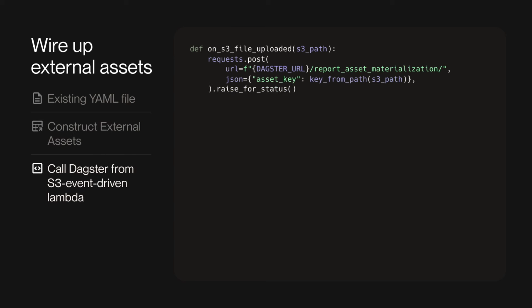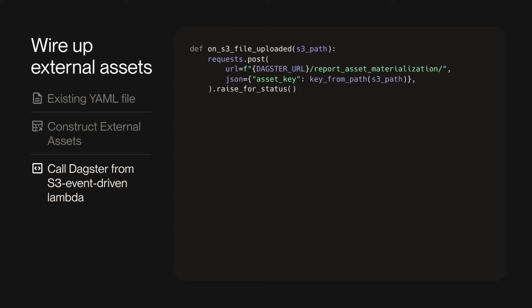Now you want to be able to make that asset graph come alive, right? You want to be able to track metadata. You want to know when it was last updated. Critically, you want to be able to schedule downstream computations by the ML team based on when things kick off in the data engineering team. So this is where the magic of external assets really comes into play.